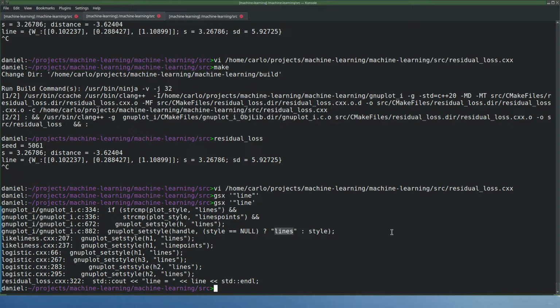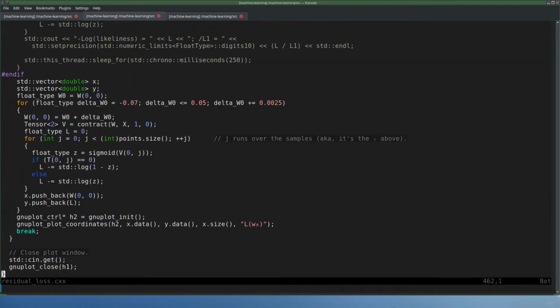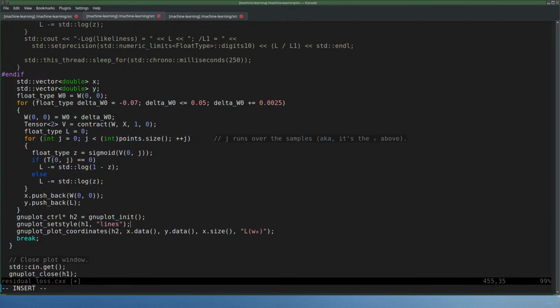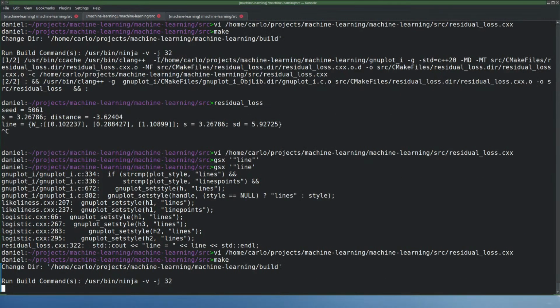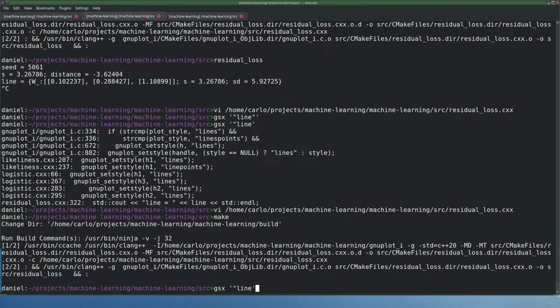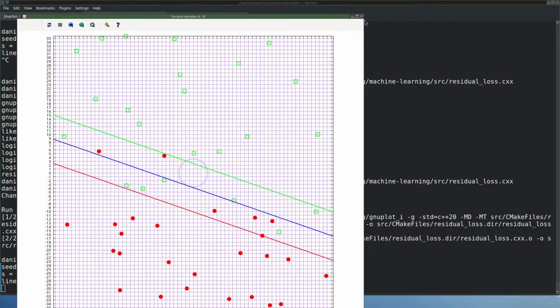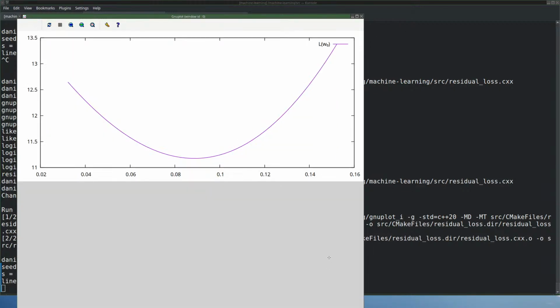It's lines, that's what it is. Can you put set style lines? That's what it is. Good.